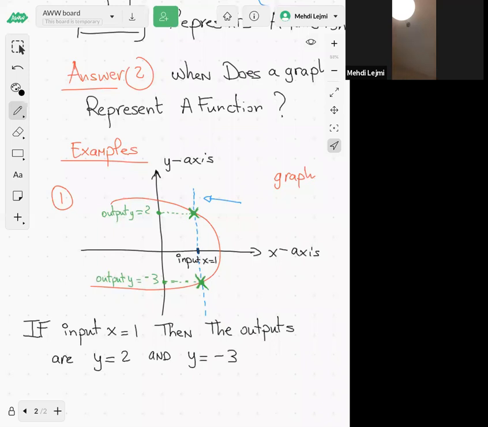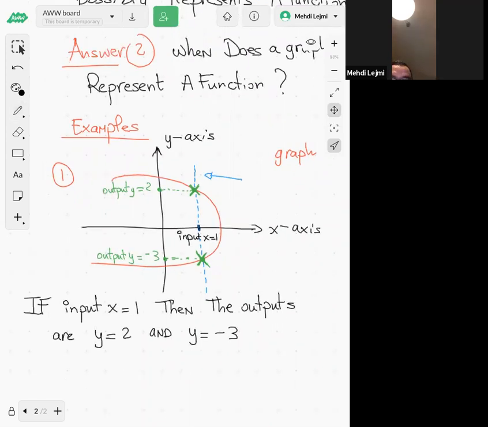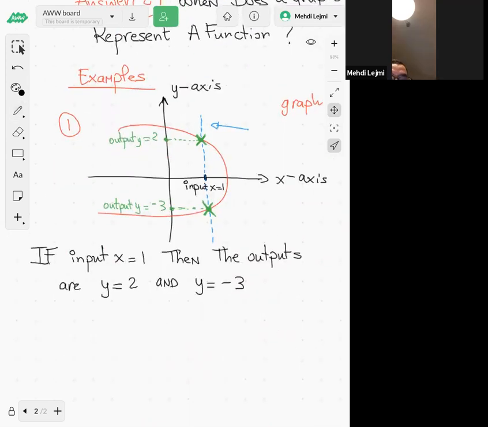So the idea is, when you have a graph and some input x, to find the corresponding outputs, all you have to do is draw the vertical line passing through the input. The intersection with the graph will be your outputs y.